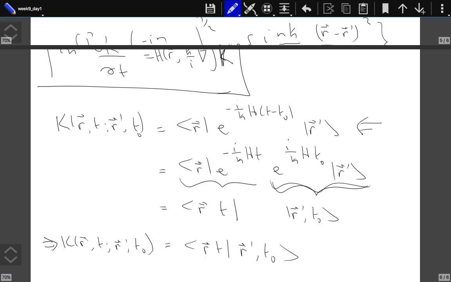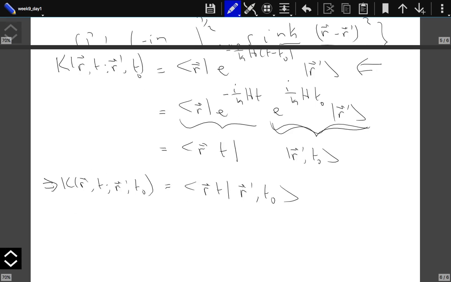So in a sense, it's also the amplitude that the particle will propagate from the point r prime to the point r in a time t minus t0. In that sense, this is called the propagator.